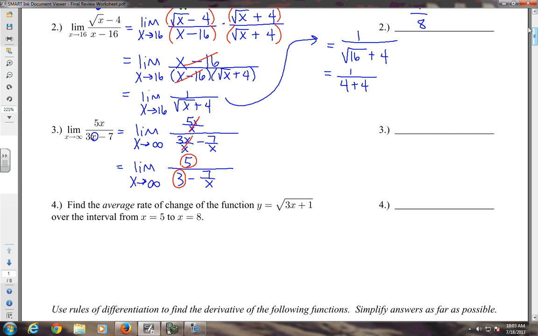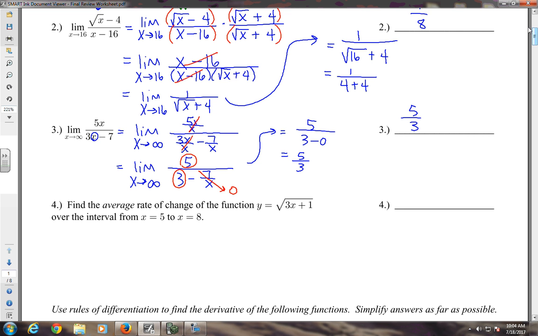As x approaches infinity, that means as the denominator grows without bounds, this fraction crashes down to 0. So as x approaches infinity, this term heads to 0. So now we can simply see the value of the limit is 5 over 3 minus 0, or 5/3.